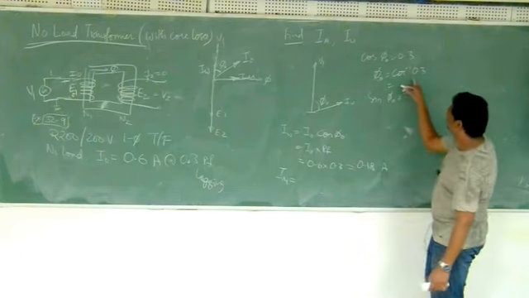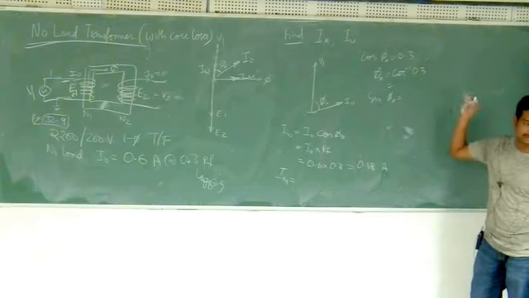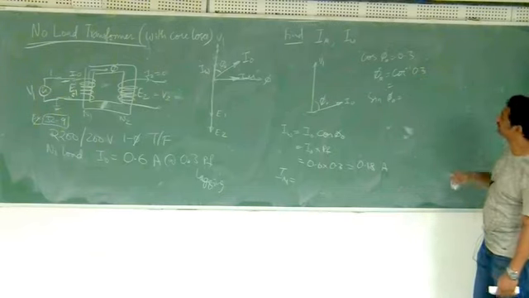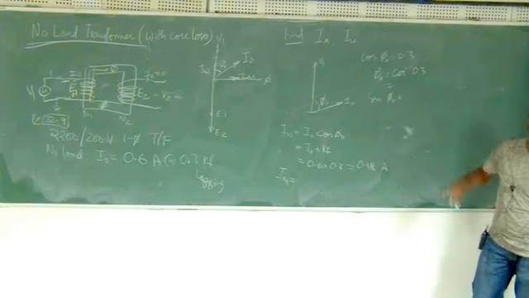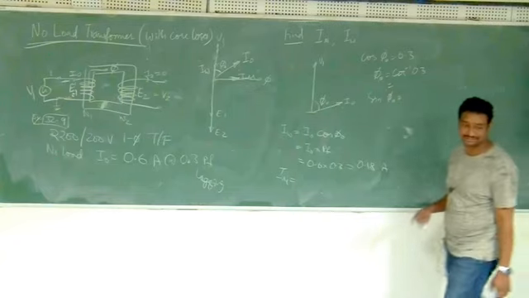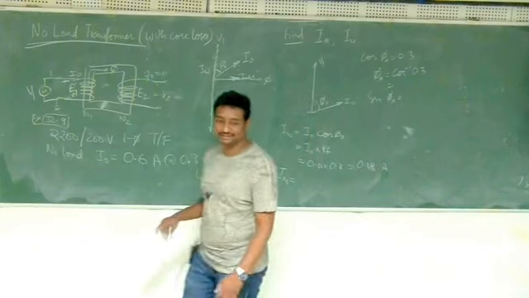So what is the cos inverse of 0.3? Just for understanding, cos inverse of 0.3 in degrees, how much is the angle?